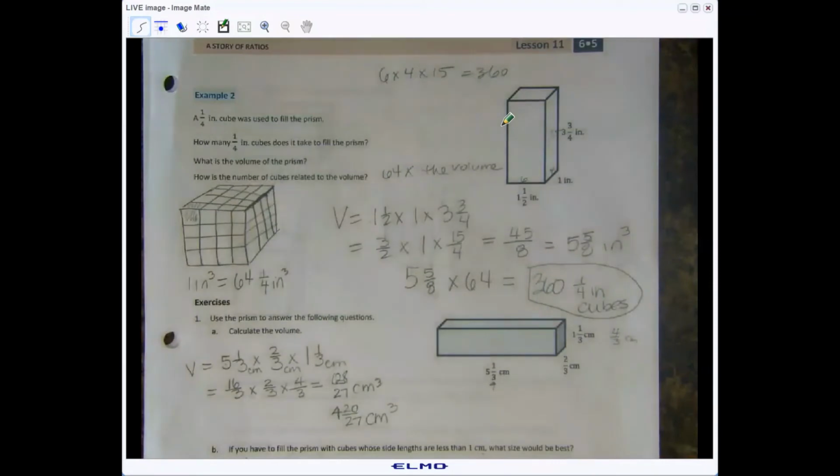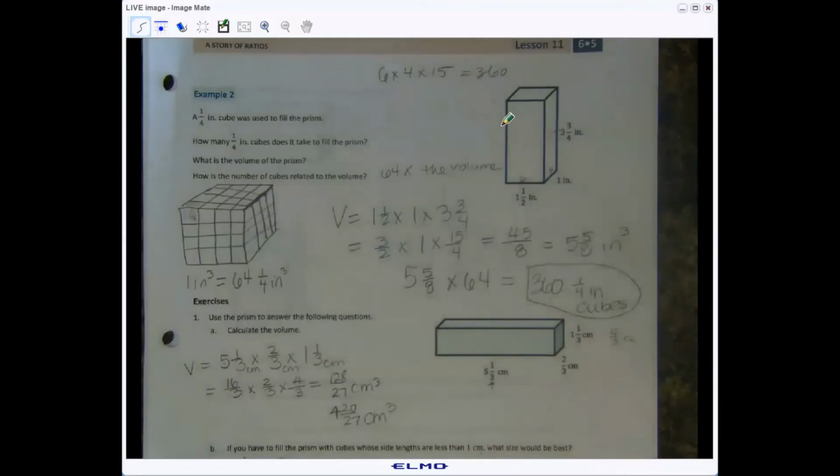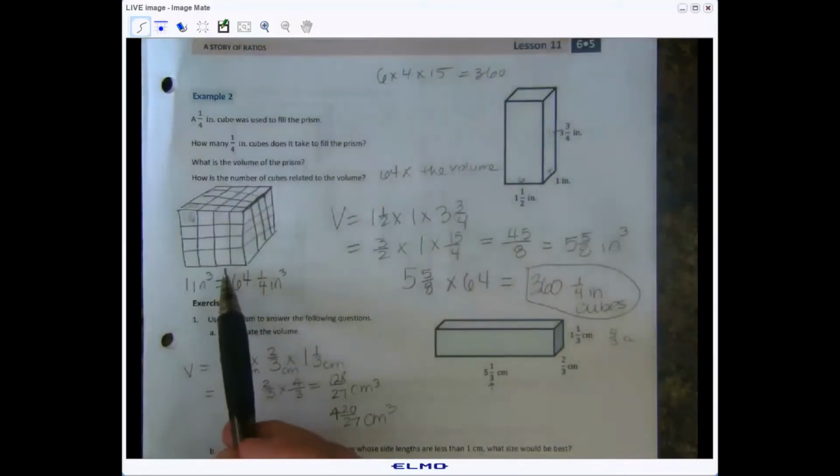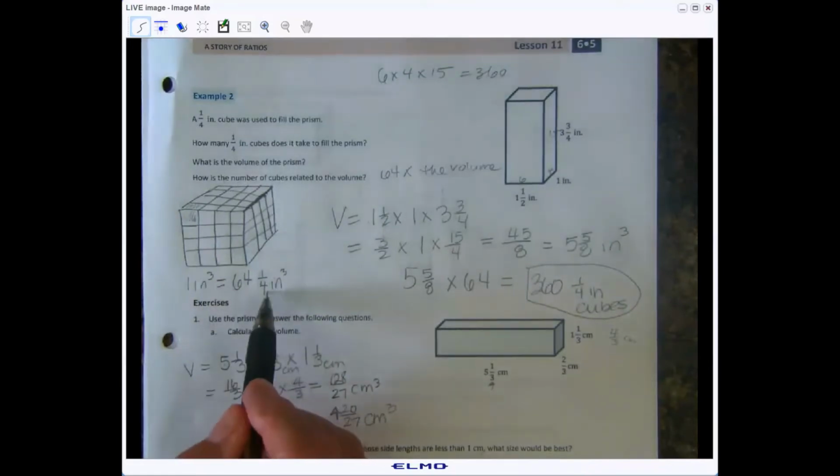Example 2 has us looking at 1/4 inch cubes and figuring out how many 1/4 inch cubes would go in this prism here. So there are 2 different ways you can think about this. I want to start off with just the simplest case where you ask yourself, if I have a 1 cubic inch, so 1 cube that is 1 by 1 by 1, how many 1/4 inch cubes would it take to fill that up?